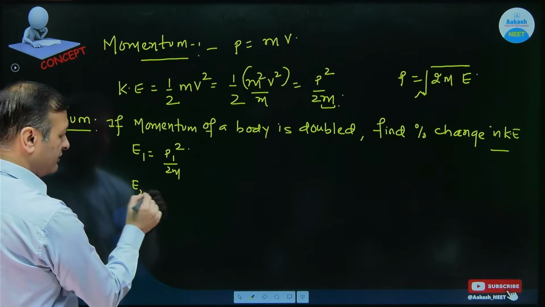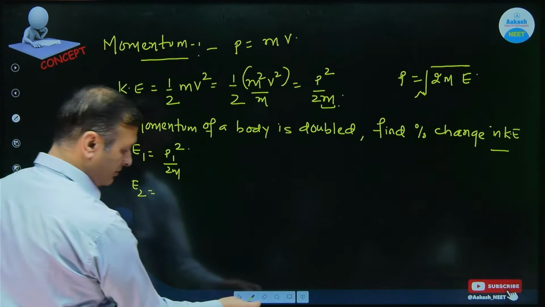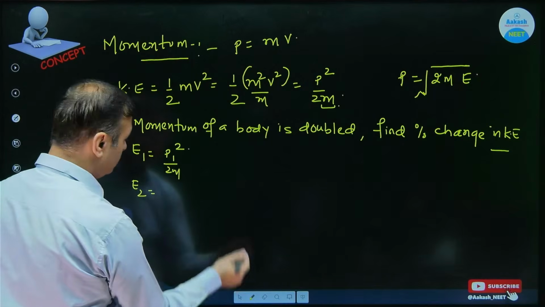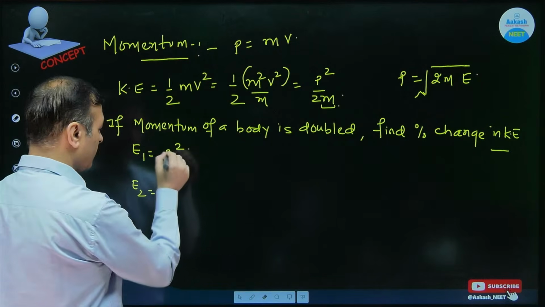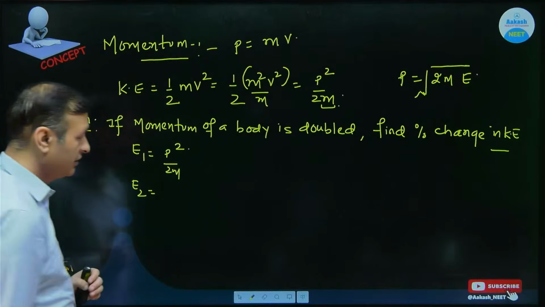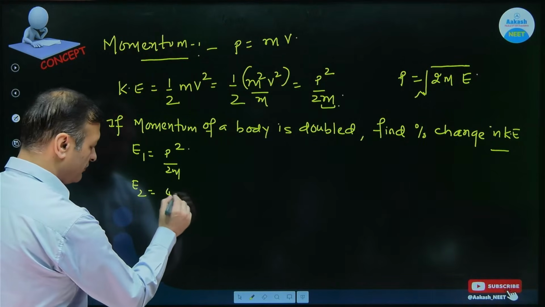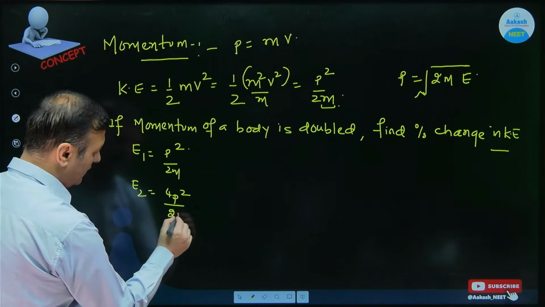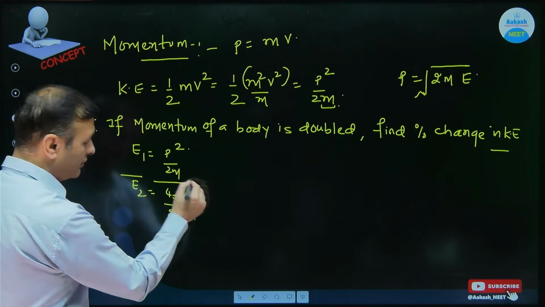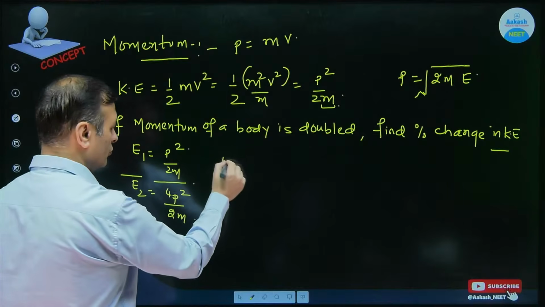The final kinetic energy is, अब momentum is p2, which we can write down. So if I simply put it as p, and for the second body momentum को आपने double किया है, so that becomes 4p square and keeping the mass same. So just go and take the ratio.